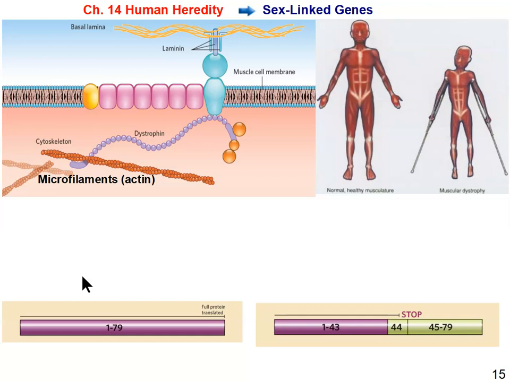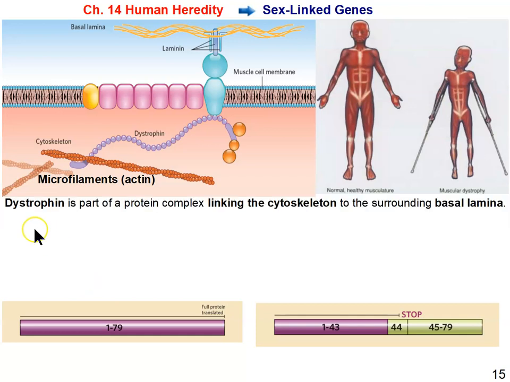And this is another one, Duchenne muscular dystrophy. So dystrophin is the protein that is missing in those people or malfunctioning in those people that have Duchenne muscular dystrophy. It's part of a protein complex that links the cytoskeleton to the surrounding basal lamina surrounding the muscle cells in your body. So it connects the cytoskeleton to the basal lamina.